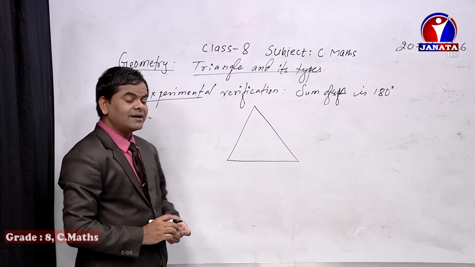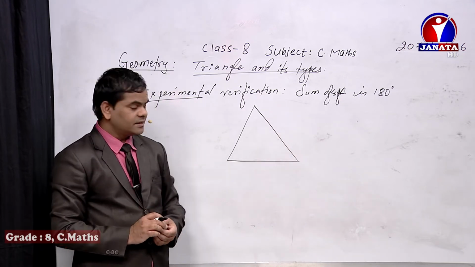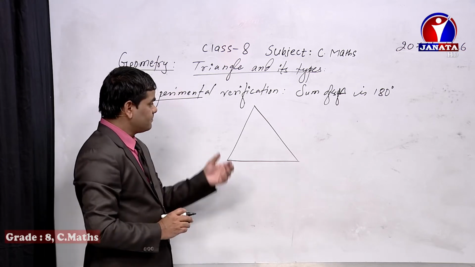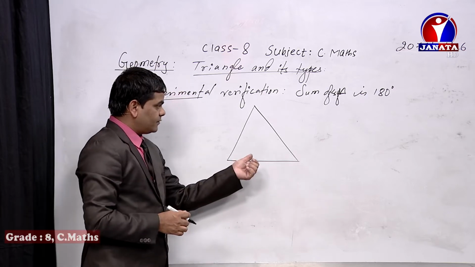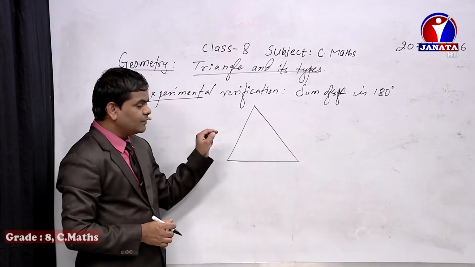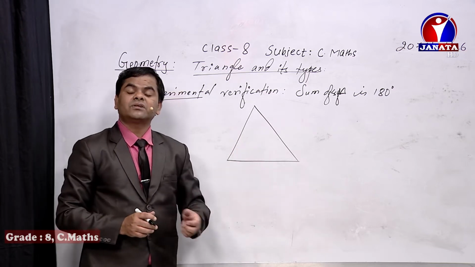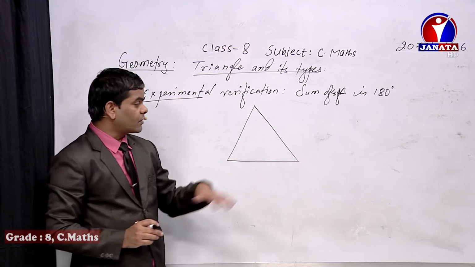To find the correct measurement of all three angles, we need to use the scale as well as compass and pencil whenever necessary, dear student. I have used my soft hand, but do not do that; you need to use your scale and pencil while making the triangle. But the size of the triangle you can make bigger or smaller.